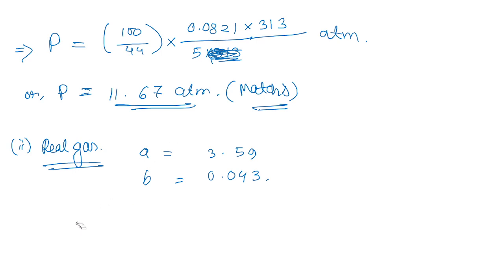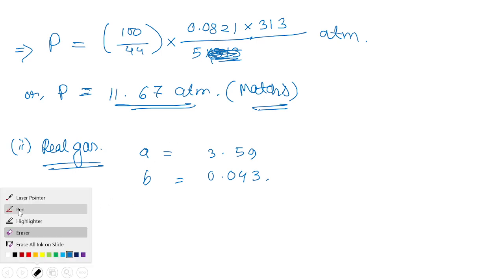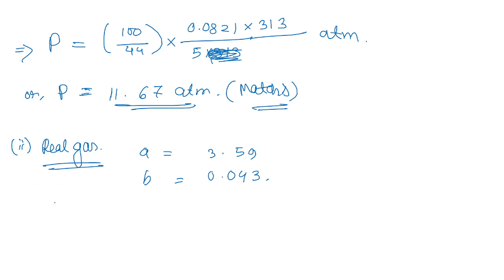Okay, what is the expression for the real gas? Now we have to calculate per mole because they already provided the moles. 100 by 44, that is the molar number. So now the expression will be per mole.